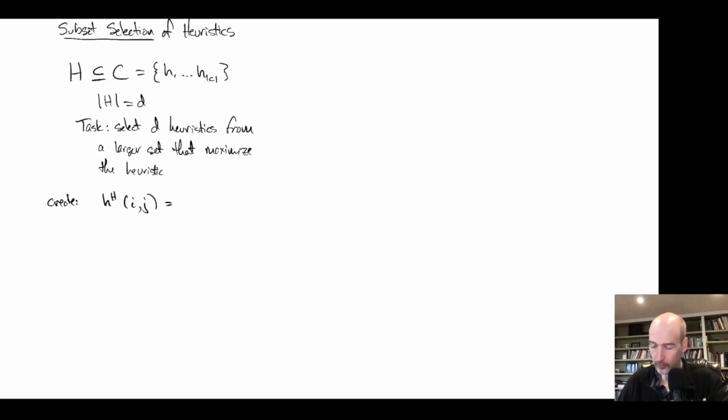It's going to be equal to the max of each h(x), where h is an element of H or the default heuristic. This is a union. It's not too hard to deal with this in practice. Then it's the maximum of h(x) over i, j.